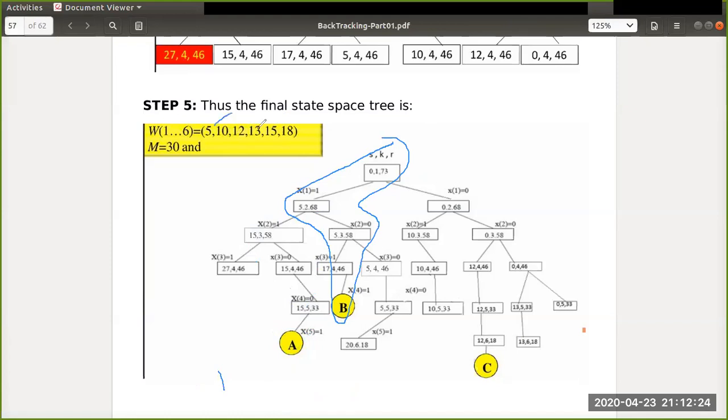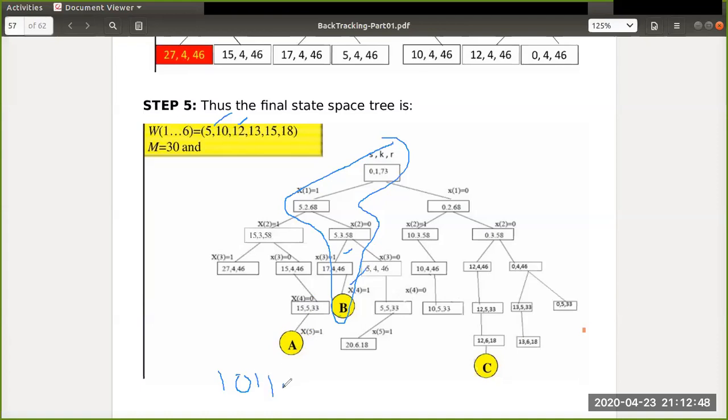It is included. Not including the second item weight, so that weight is 0. And including the weight of the third item, that is 12, and including the weight of the fourth item, the third item and the fourth item.